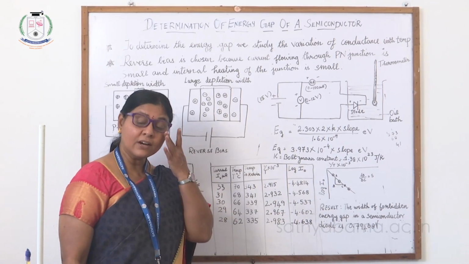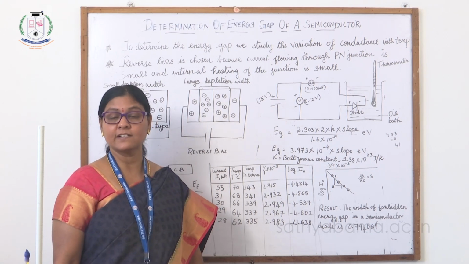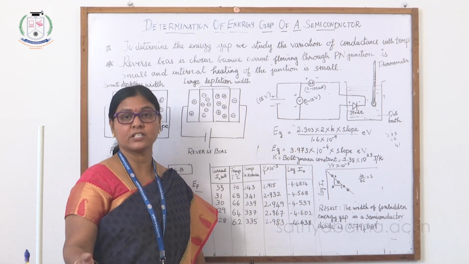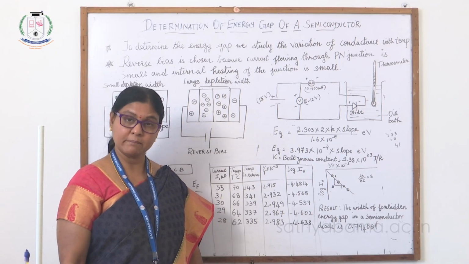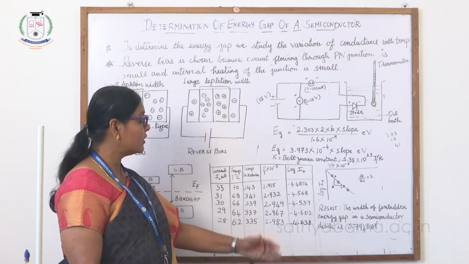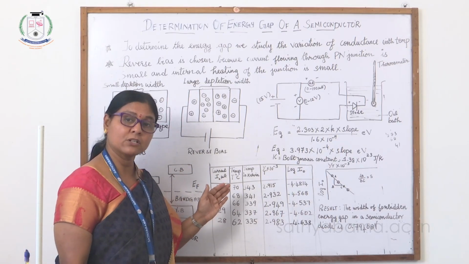Now, after performing the experiment and noting down the readings of the temperature in the thermometer and the corresponding microammeter variations, we have plotted the readings over here in the tabular column.